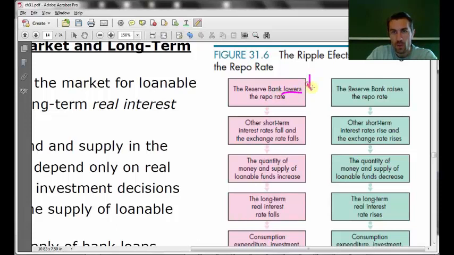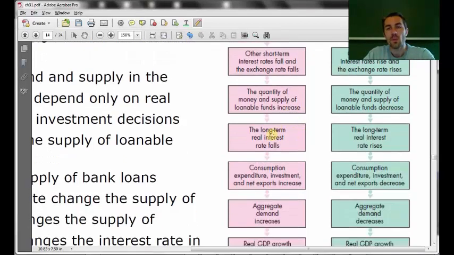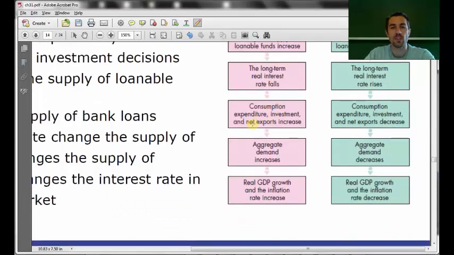So the repo rate goes down, other short-term interest rates go down, the quantity of money and the supply of loanable funds increase, which was what we were talking about in your question, which means that the long-term real interest rate falls as well. So in the loanable funds market, interest rates fall, which means consumption, expenditure, investment, and net exports all increase, which increases aggregate demand, which means real GDP and inflation increase.